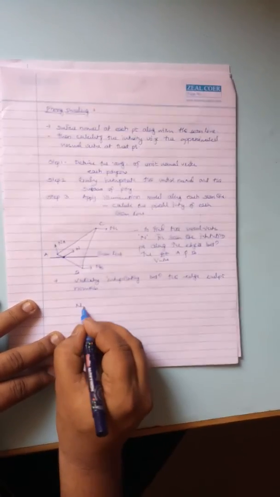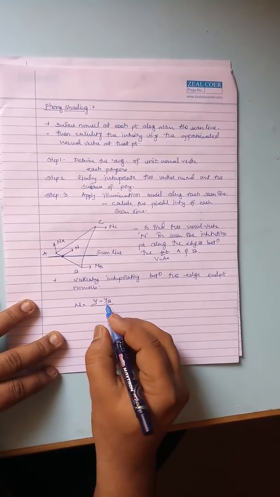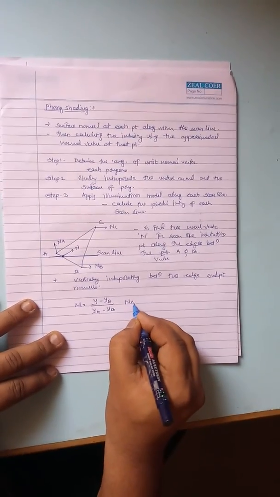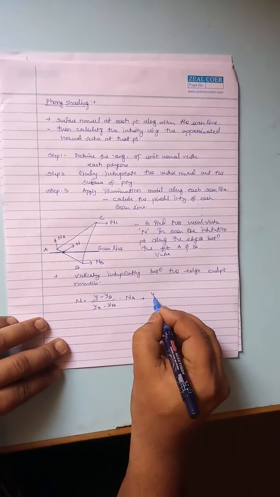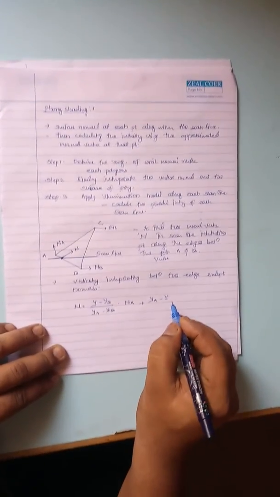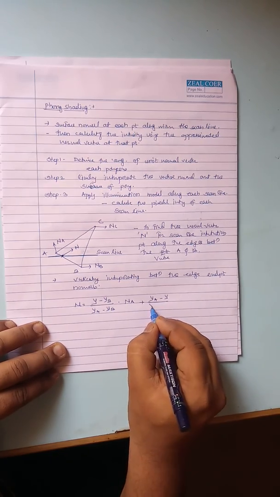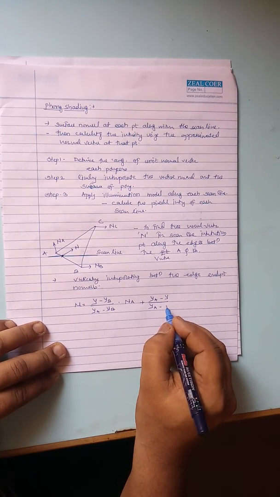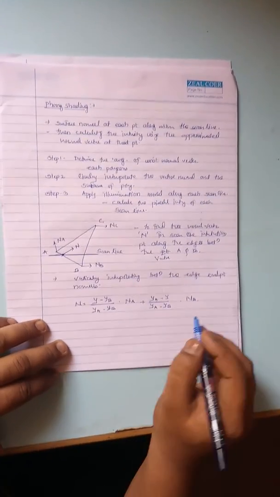So here N is equal to (Y minus YB) divided by (YA minus YB) into NA, where NA is the normal at vertex A, plus (YA minus Y) divided by (YA minus YB) into NB.